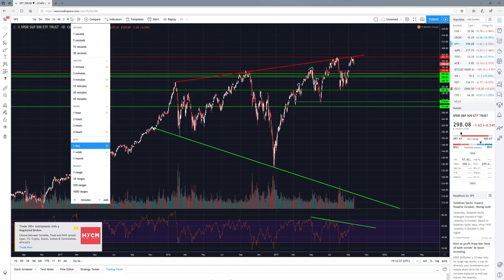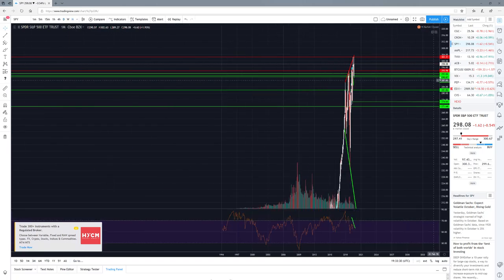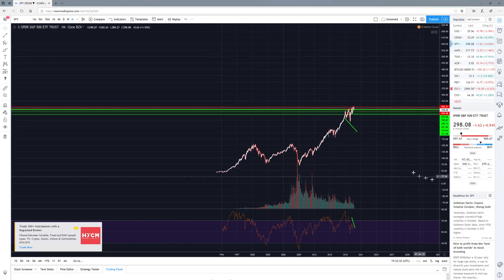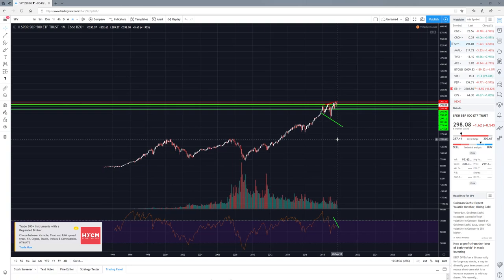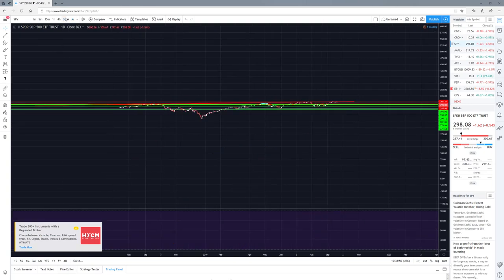So yeah, long term, I'm fucking scared also. It could easily go for these lows. This is when Trump was elected, 210. It could easily go for that in the short term. That's why I'm just scared in general for the market.